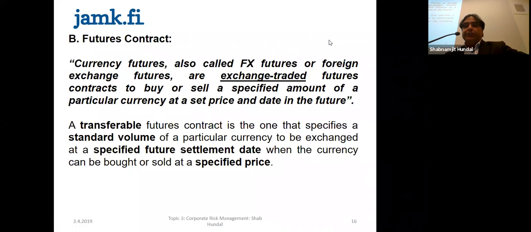If you see the of futures, it says again 4 specificities. The currency futures or the Forex futures or the FX futures, as we use abbreviation, are exchange traded futures contract to buy or sell. Let me write down again. To buy or sell.